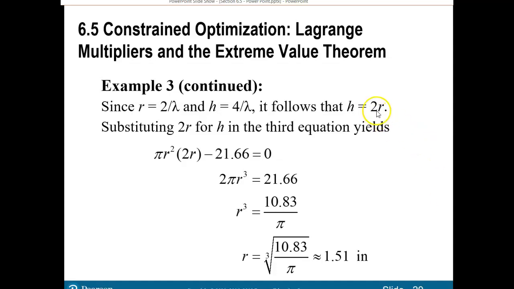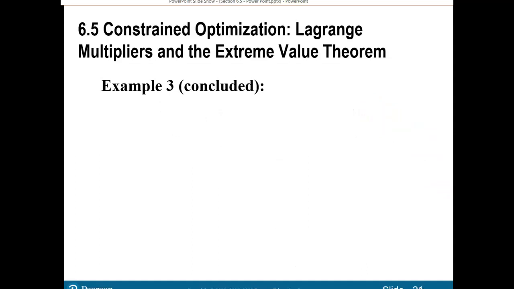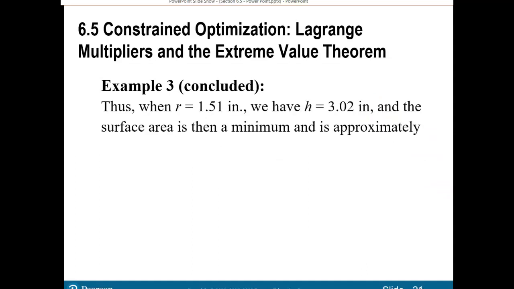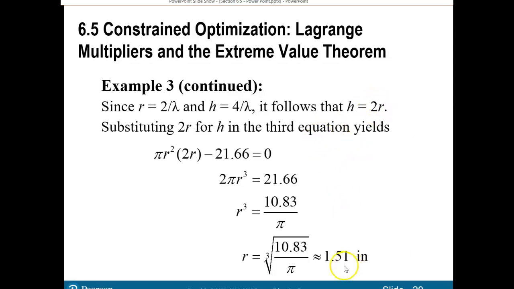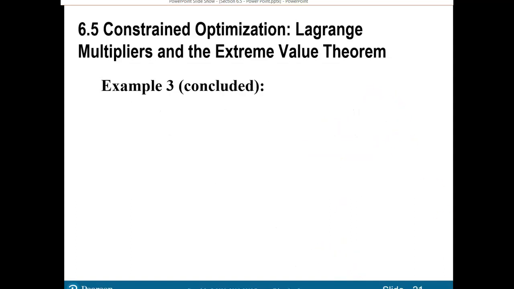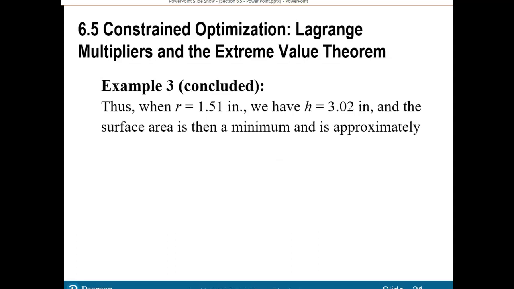We're going to plug that in here to find our h. So r equals 1.51. That means h is 3.02. That comes from substituting this r value right here, 2 times the r. That's where we get the h from. And the surface area is then a minimum and is approximately equal to 2 pi r h plus 2 pi r squared, which comes out to be about 42.98 square inches.